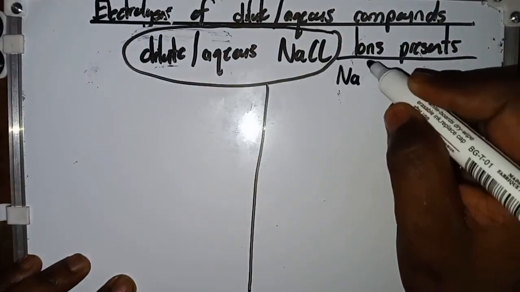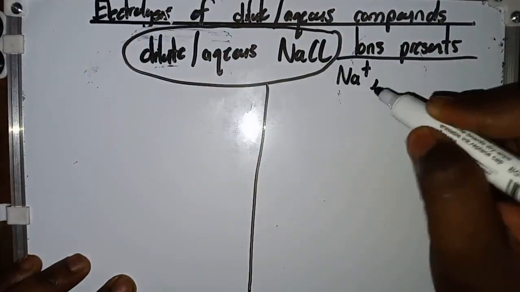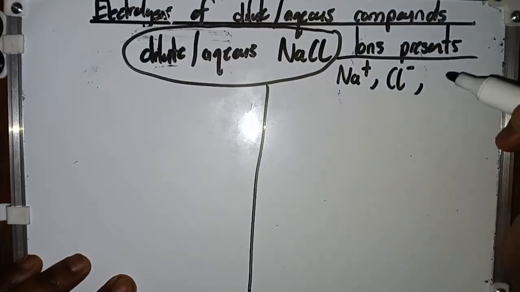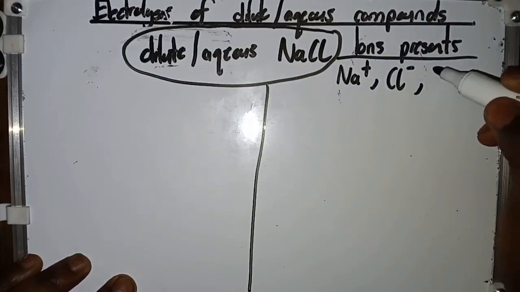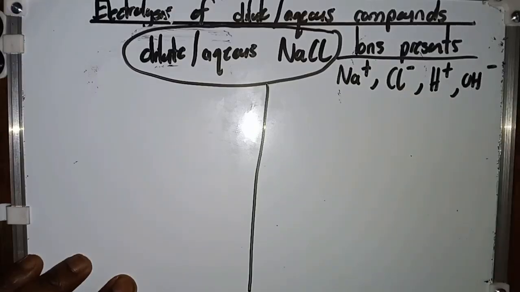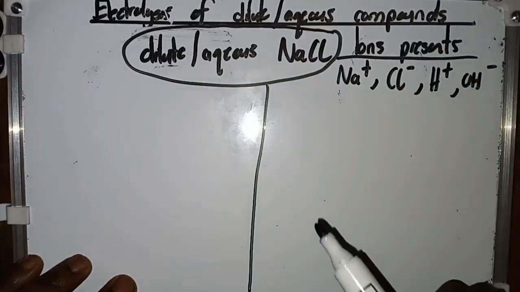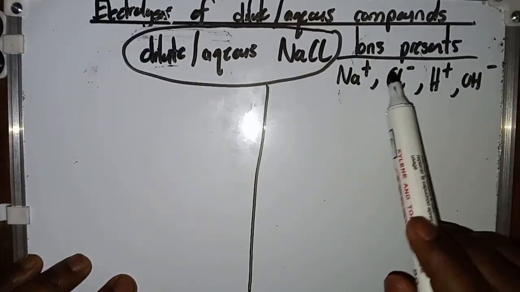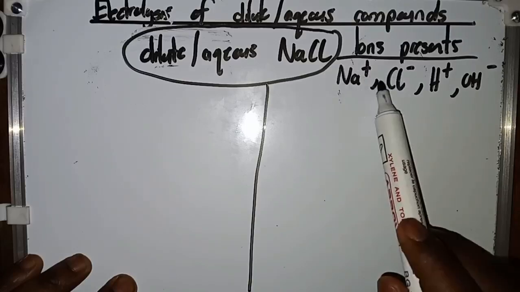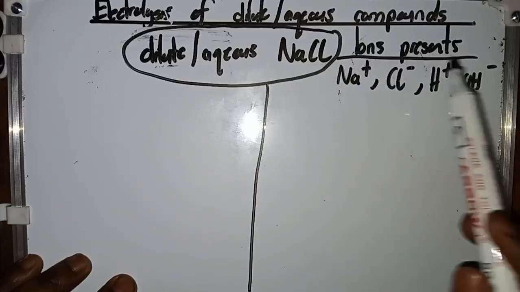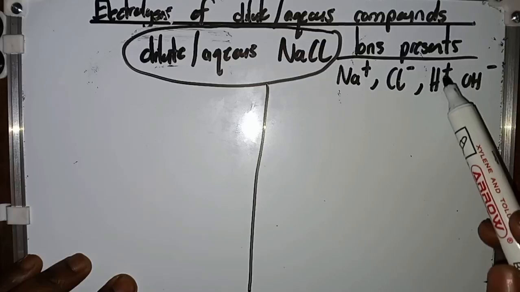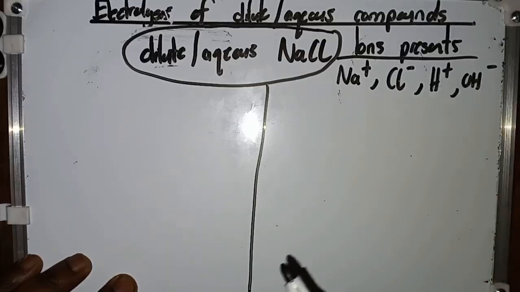Na+, Cl-, and the ones from water, H+ and OH-. Now we have 4 ions. In molten we had only 2. If this was molten, the ions present would be only Na+ and Cl-. But now that it is dilute, there's water involved, so in addition we have H+ and OH-.